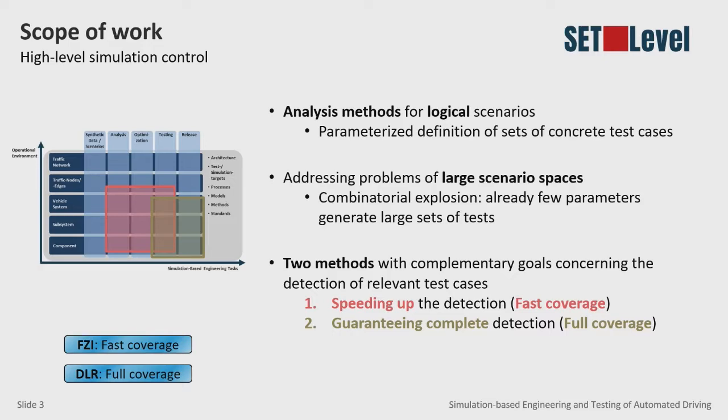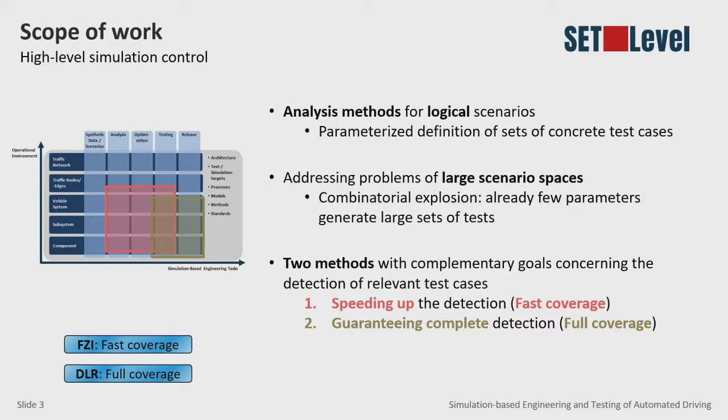One is about speeding up the simulation to get to the interesting points in the test space fast. And the other is even more ambitious, not only finding the interesting instances, but also guaranteeing that we found them all. So the first one, fast coverage, is by Barbara. The other one is by me.